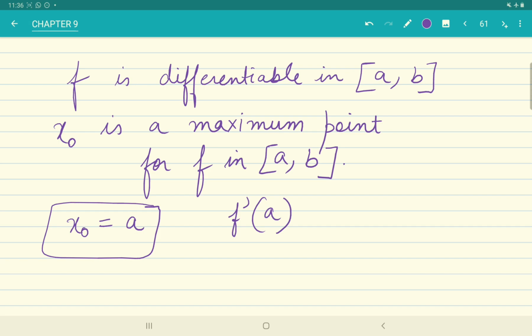So the point to note is that if x naught is equal to a, then f prime a cannot be positive. I think I should just repeat this point.